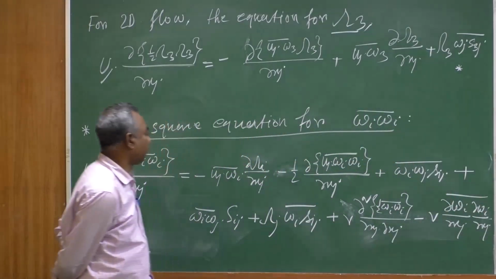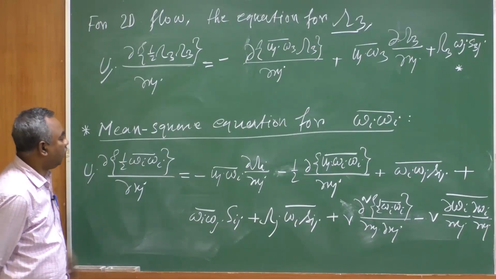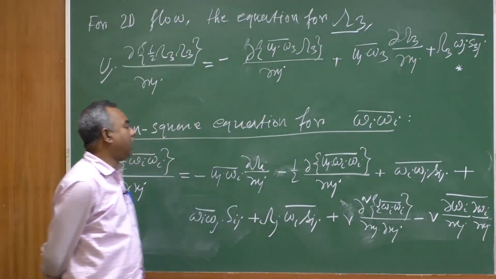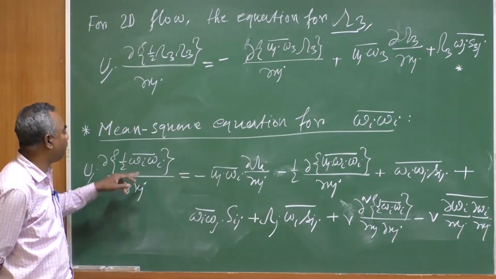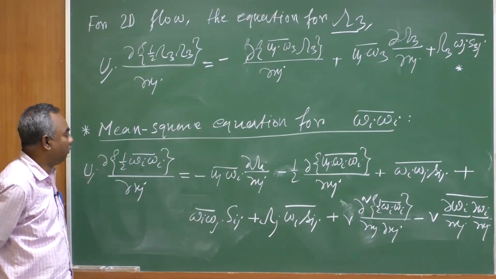Okay. So, 1, 2, 3, 4, 5, 6, 7. These are the terms on the right hand side which are responsible for the change of the turbulent entropy in a turbulent flow, all right.